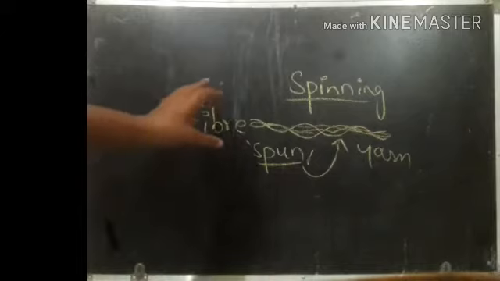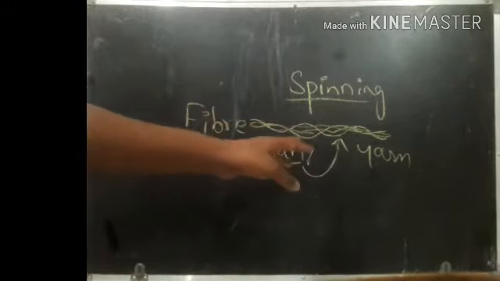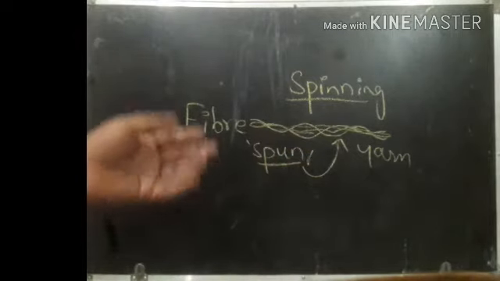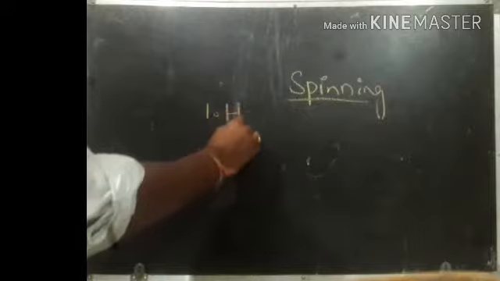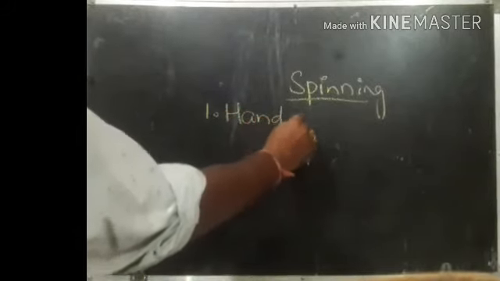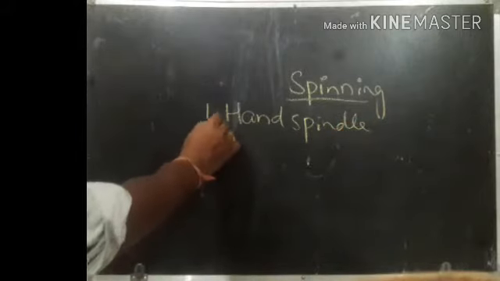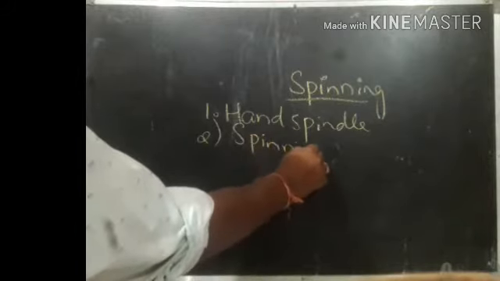Now, not only by hand, we can prepare the yarn of the cotton by using different machines and devices. And what are those devices? Number one, hand spindle. Number two, spinning wheel.